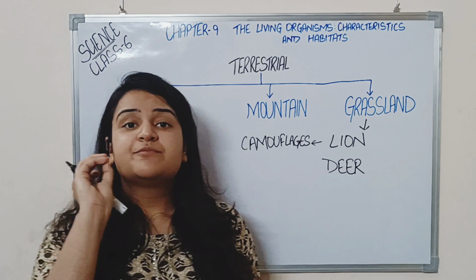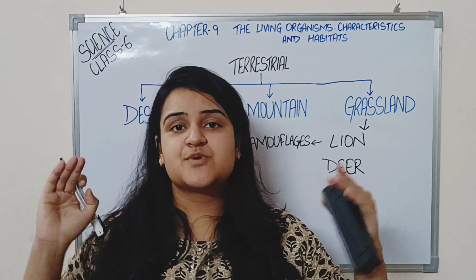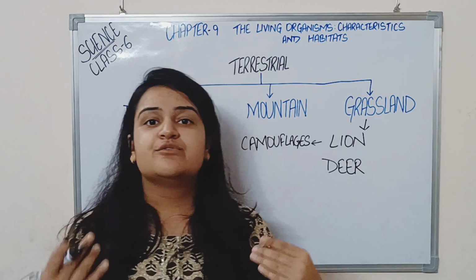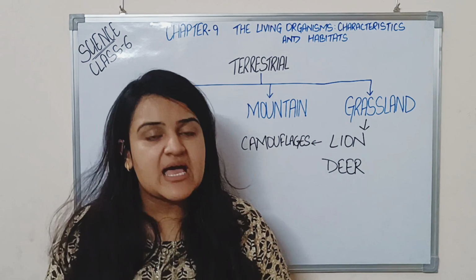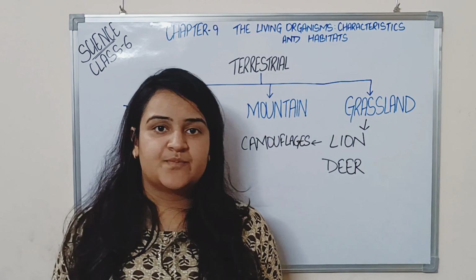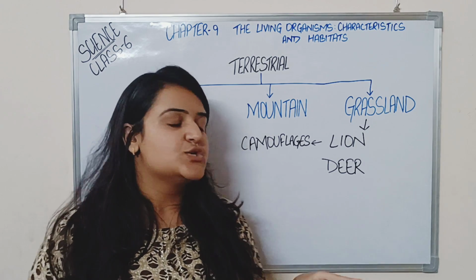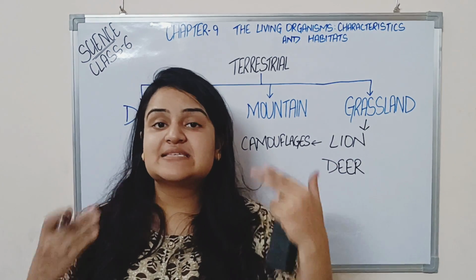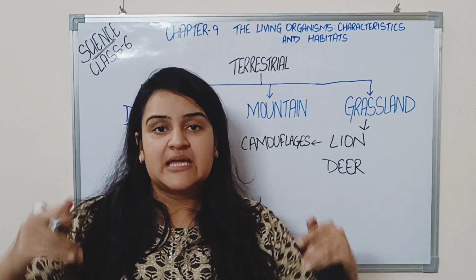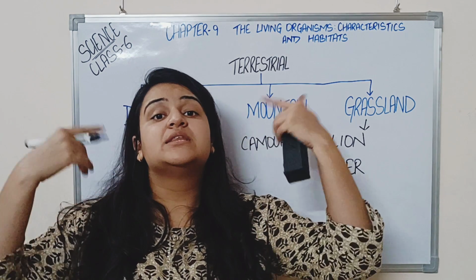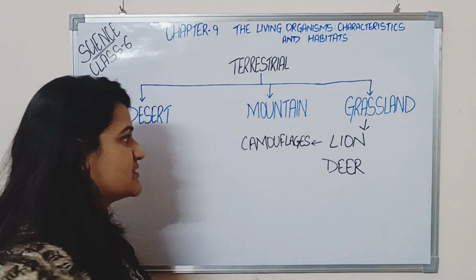The main function of both eyes present at the front is that we can judge the distance between us and somebody else. We can easily judge that. So the lion has eyes at the front of the face to judge the distance between the lion and the prey it is searching for.